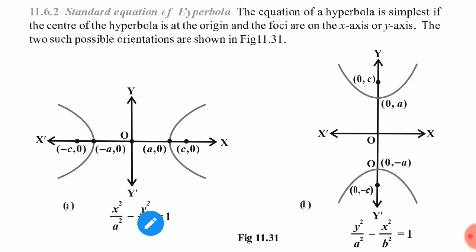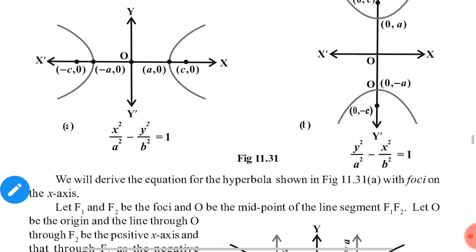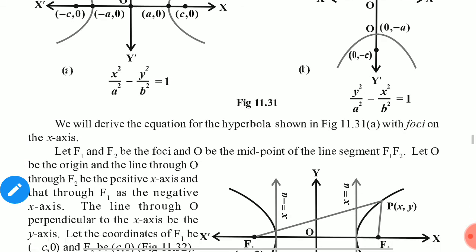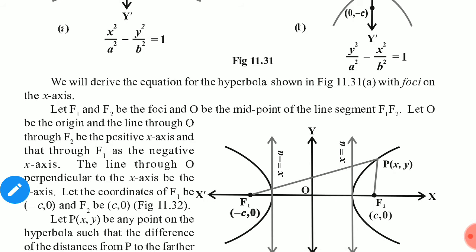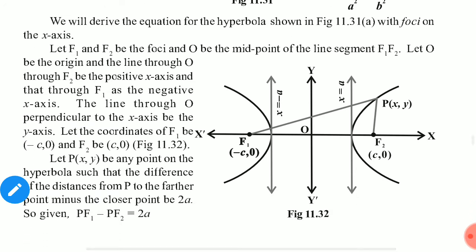This is the equation for the vertical hyperbola. You have to remember both equations: use the first for a horizontal hyperbola, and if the hyperbola is vertical, use this equation. These two equations are very important. Now see how you can derive the standard equation. In the previous video we saw that the difference of the distances from any point on the hyperbola to the two fixed points is always equal to 2a.